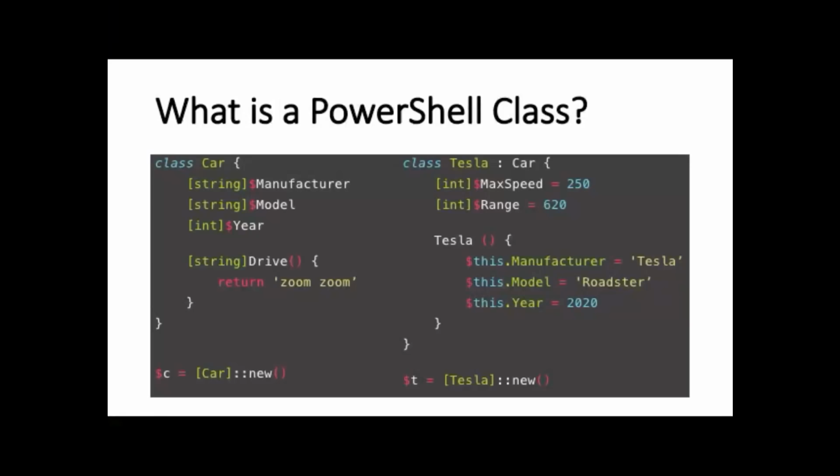with the new method. On the right-hand side, and this is really one of the benefits of using classes, is code reuse. This is how you can extend a class and create a new class from it.